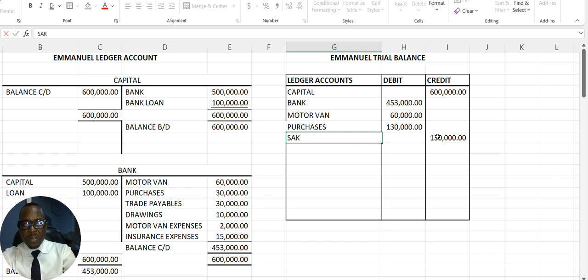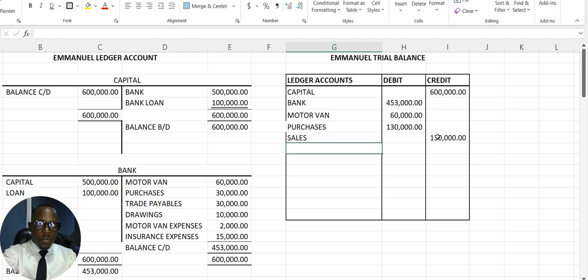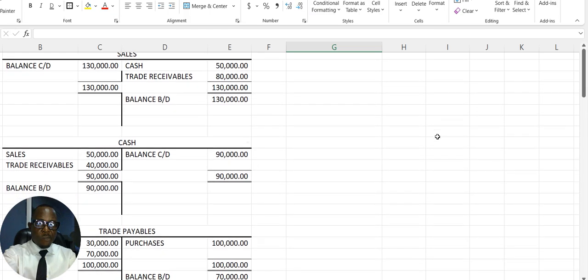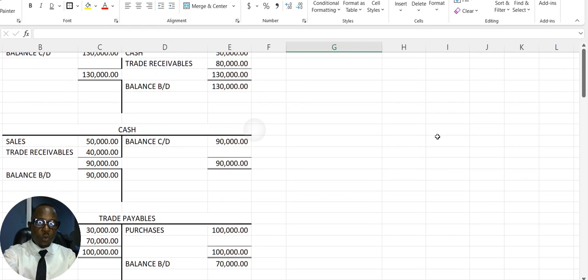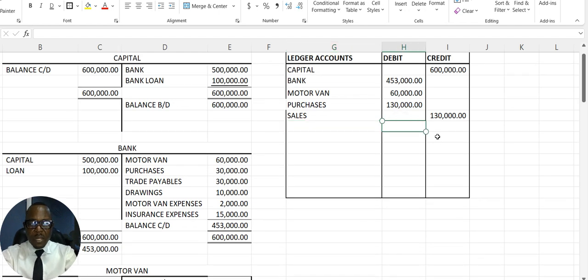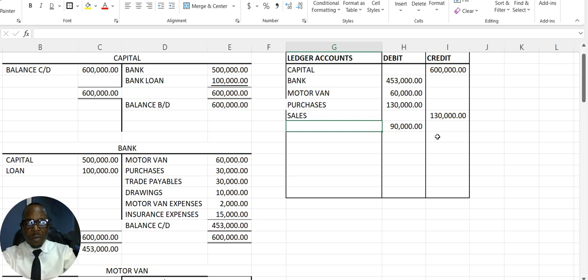All right, the next one is cash, which has 90,000 on the debit side. Cash, 90,000, debit side.